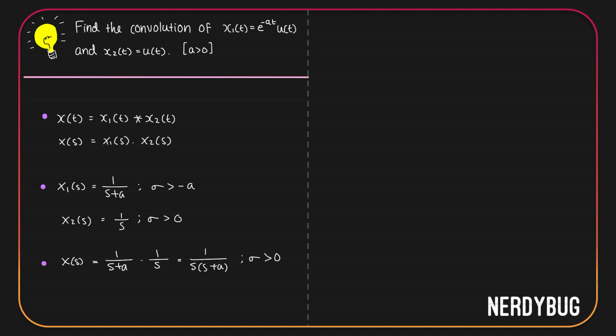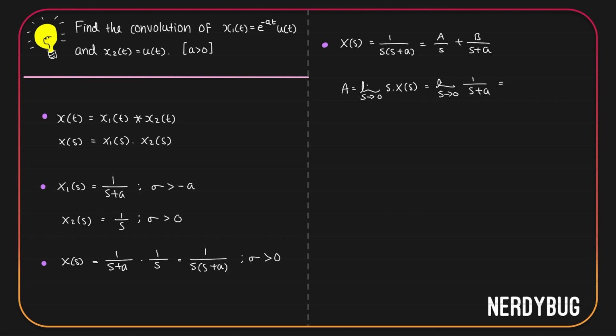Now we have to use partial fraction expansion to write X of s, which is 1 by s into (s plus a), in the form A by s plus B by (s plus a). A will be equal to limit s tends to the pole, which is 0, of s multiplied by X of s. That is limit s tends to 0, 1 by (s plus a).